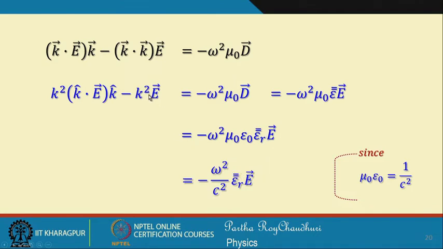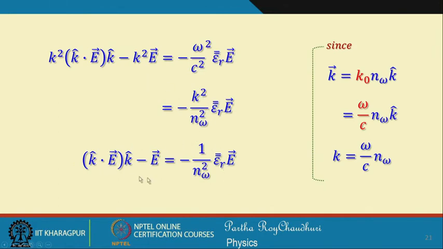So, we can write that minus k square E is equal to minus omega square by c square epsilon r into E, because omega square mu naught epsilon naught is equal to 1 by c square. So, this term put together will give you omega square by c square.